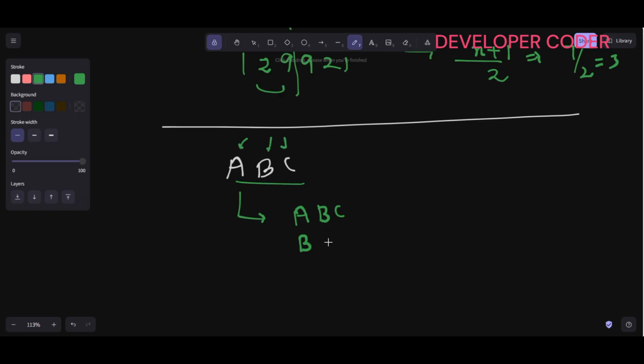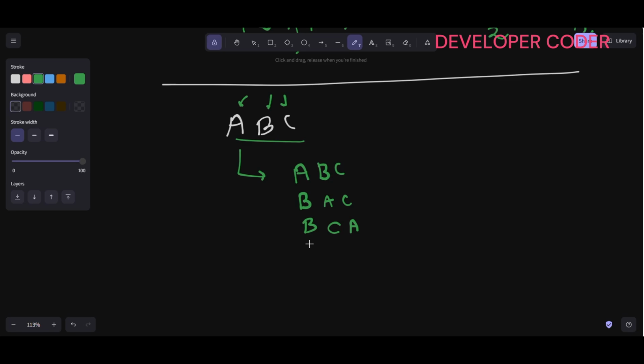Here I'm using characters just for reference. So I can write abc, bac, bca, cab, cba, and acb as well. So these are the six.